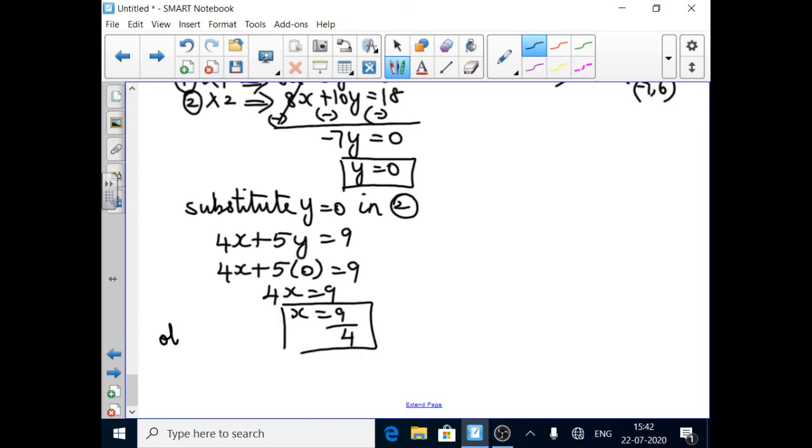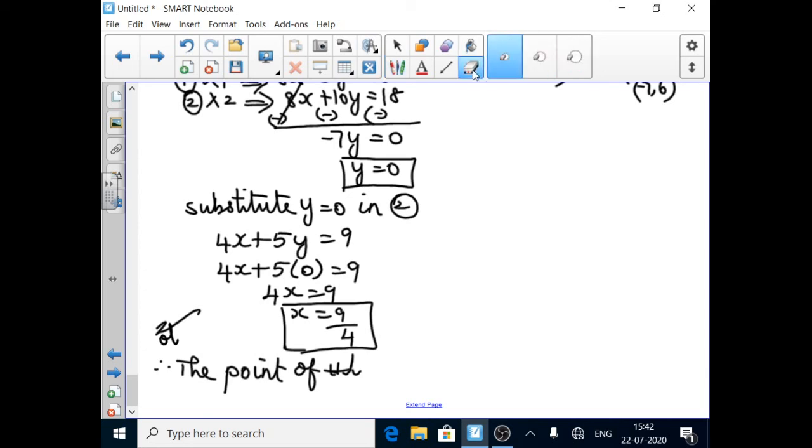So the point of intersection is 9 by 4 comma 0.